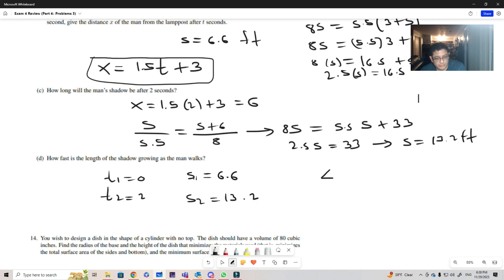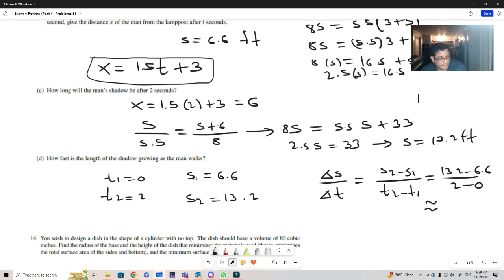So now we do the change in s over the change in t. The change in s is the difference between the two s values, and the change in t will be, of course, the difference between the two times. So here we have 13.2 minus 6.6 divided by 2 minus 0.